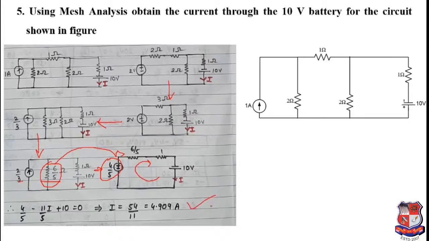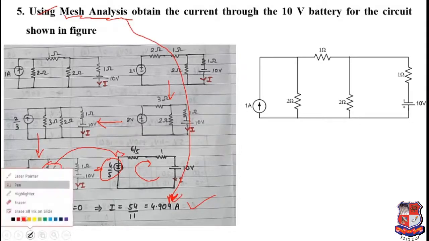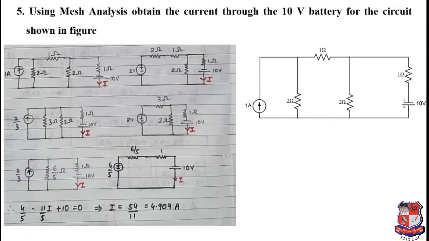You should check whether by using mesh analysis and by using this method, the answers come out the same. The answers should match. I hope that up to this part everything is clear for solving a circuit which has KCL and KVL.